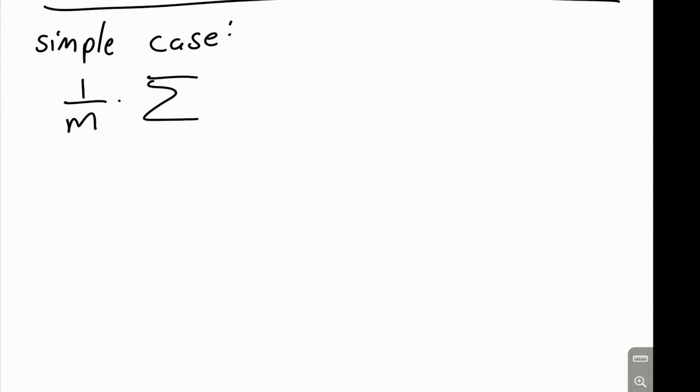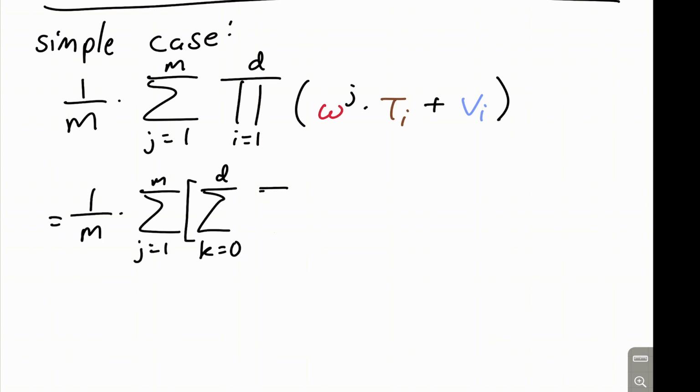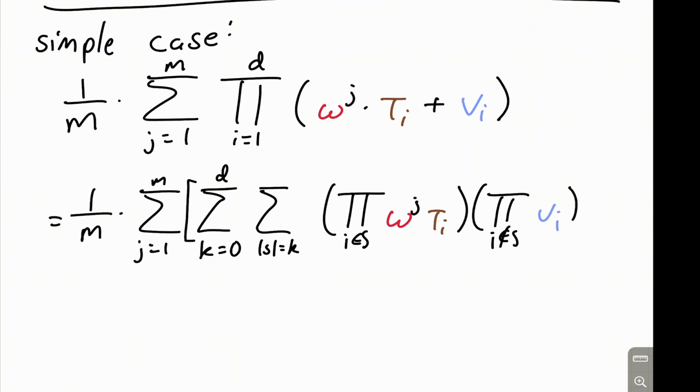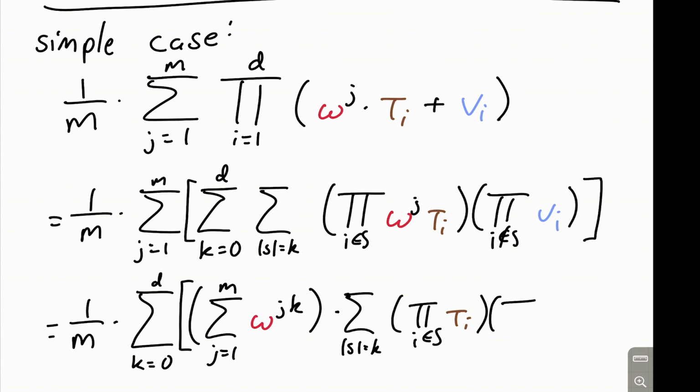To make things easy, consider a polynomial q which is just the product of all the values, so n is exactly d. Doing the binomial expansion and grouping terms gives a sum of all k from 0 to d of all the parts with k tau variables and d minus k v variables. Rearranging the sums gives the same coefficient for each fixed k, namely the sum over j equals 1 to m of omega to the jk.